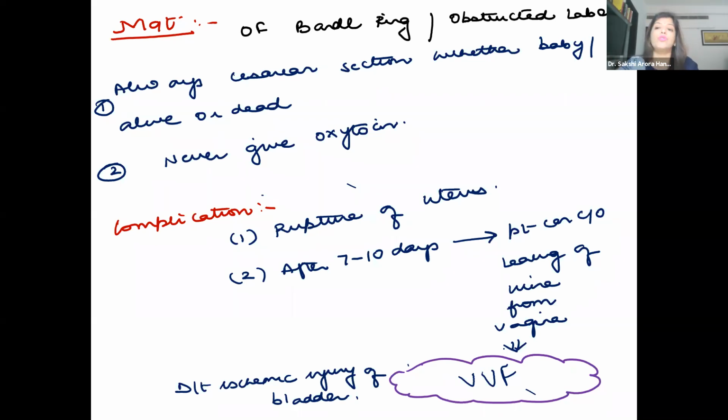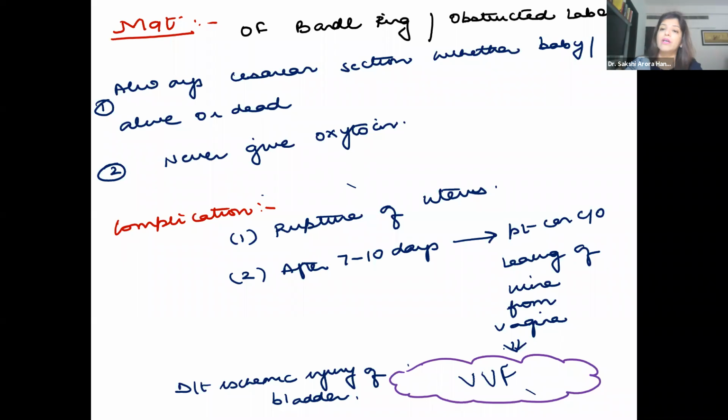So if I have to set up a clinical question on obstructed labor, one, I can set it up on Bandel's ring. Second, I can set it up on this fact that a patient in obstructed labor after 7 to 10 days presented with leaking from vagina, the most probable cause, and I can give you options.